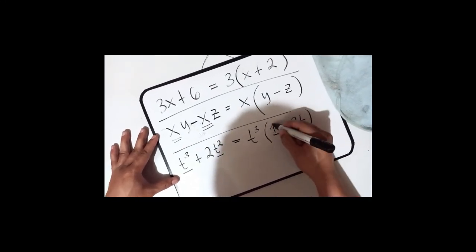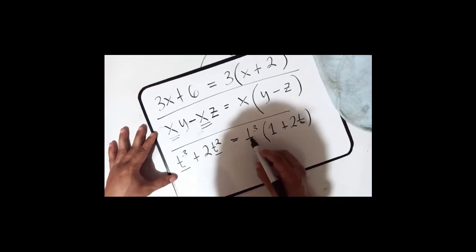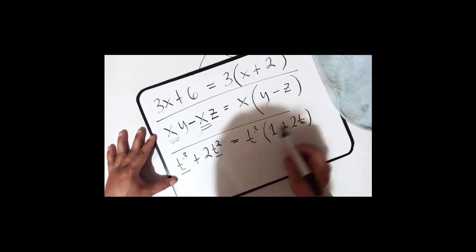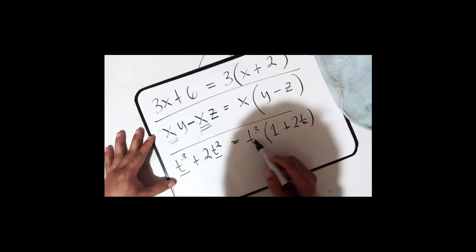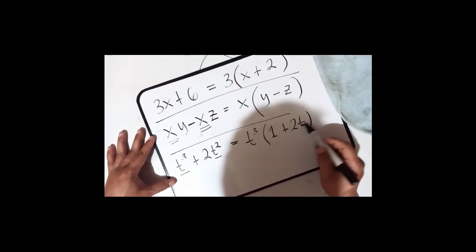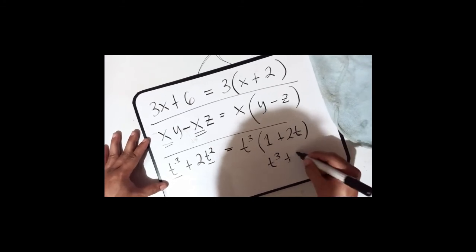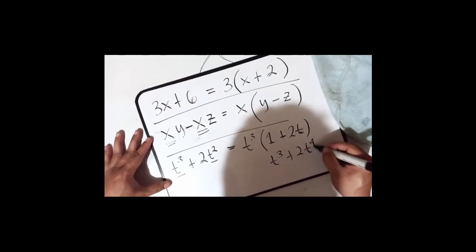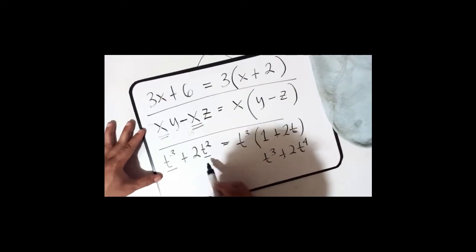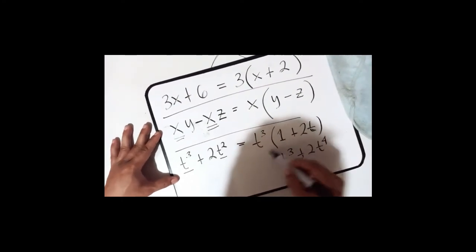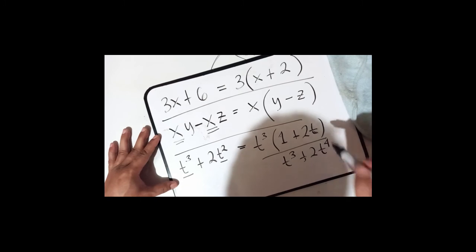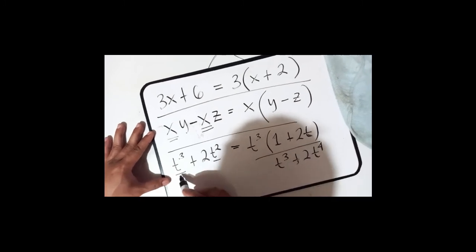Why? For the first part, t cubed times 1 will get t cubed, but for this part, t cubed times 2 gives 2t cubed, and the expression becomes t cubed plus 2t to the 4th power. So that is no longer equal. This expression here is no longer equal to this expression here.